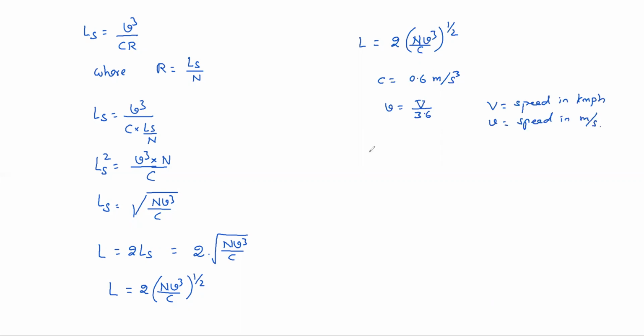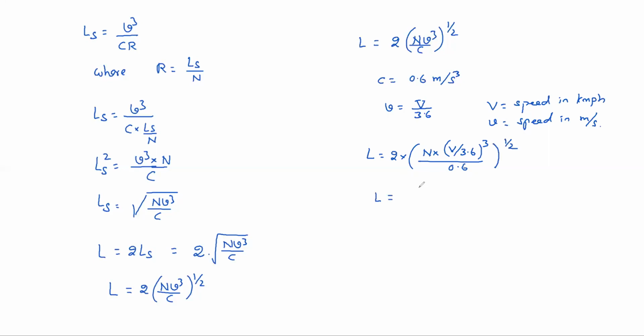So L equal to 2 into n into capital V by 3.6 whole cube by c value 0.6, to the power of half.